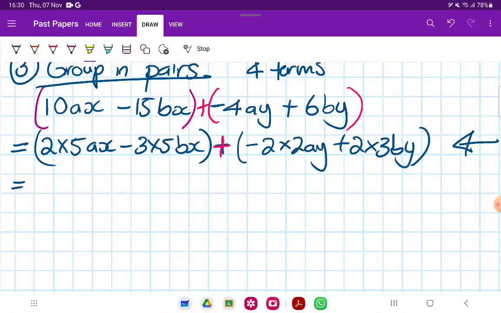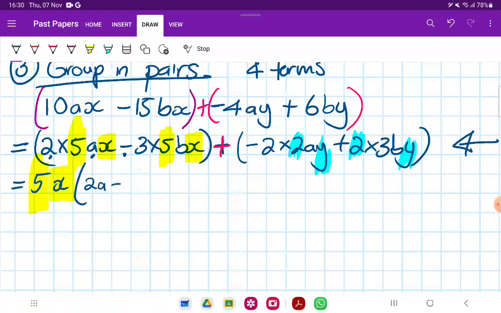So what do I have? In my first bracket, 5 is common, so I'm taking 5 out. I also have x as common, so I'm taking x out. In my second bracket, 2 is common and y is common. So let's first do the first bracket. I'm taking 5x out. I'm left with 2a minus 3b.